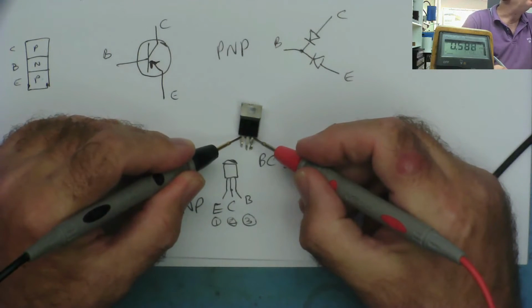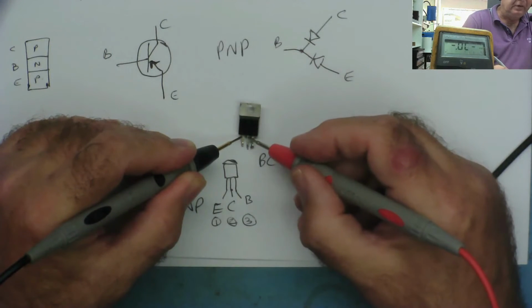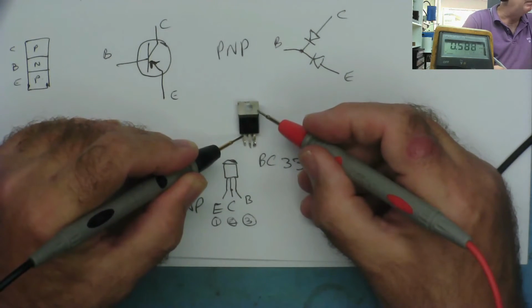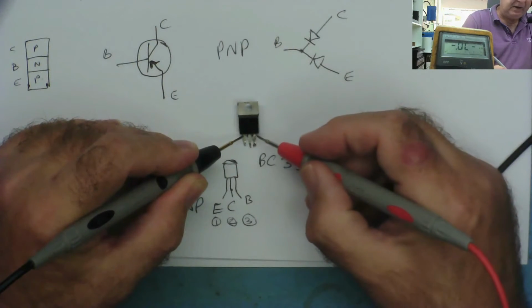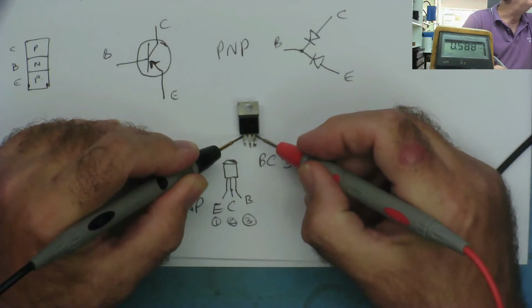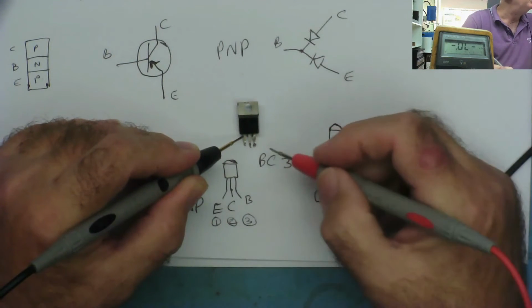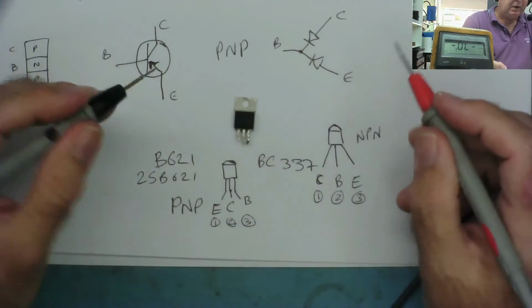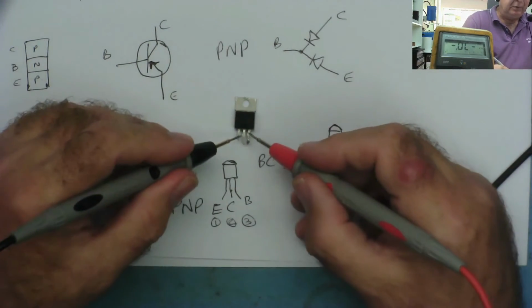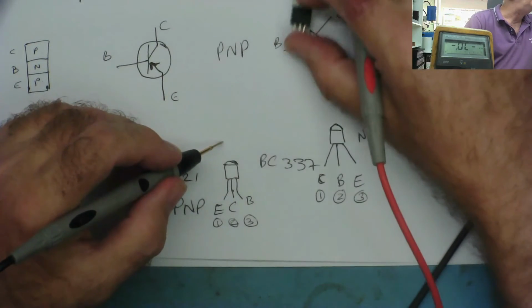The collector is normally in the middle, and as well as go to this pin, you can normally go to this tab. It's the same thing. The tab and the leg are connected together. 587. 588. Extremely close, but this is the collector. This is the emitter. So that's a good transistor, in as much as it's not short, it's not open. So let's put that on the good pile.